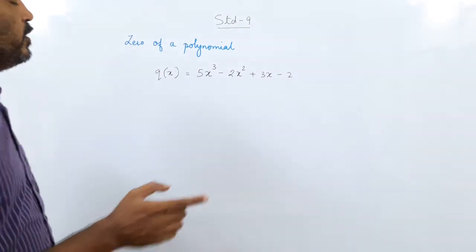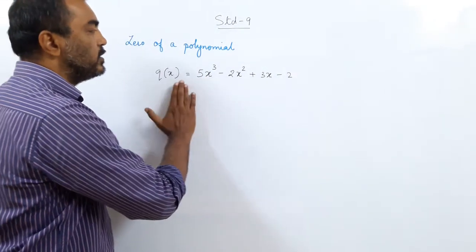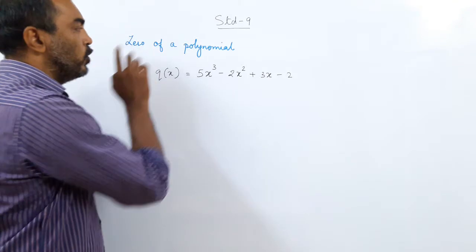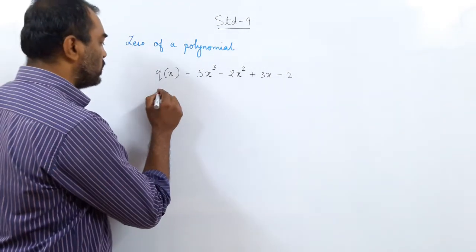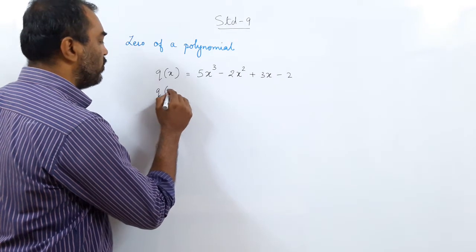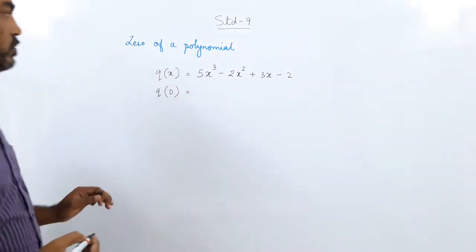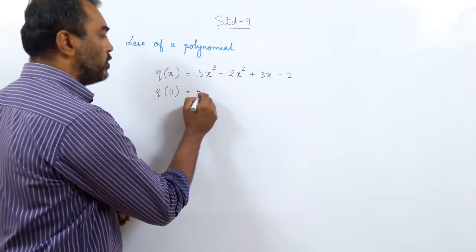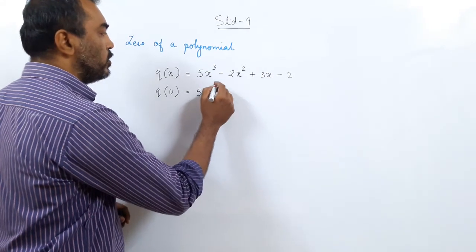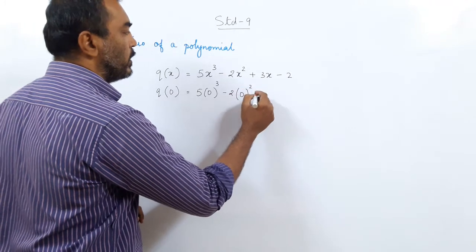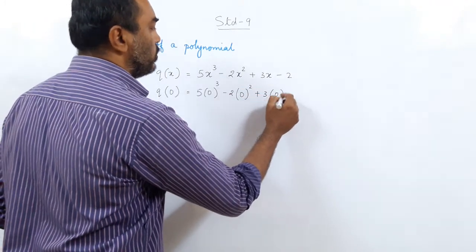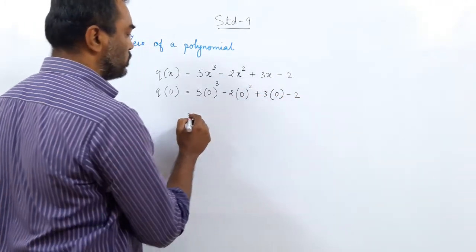What does it mean? When you put a certain value for x, you will get the value of this polynomial. So before we go there, let us try a few things. Let us see what happens when we put x equal to 0. So we have got 5 into 0 the whole cube, minus 2 into 0 the whole square, plus 3 into 0 minus 2.